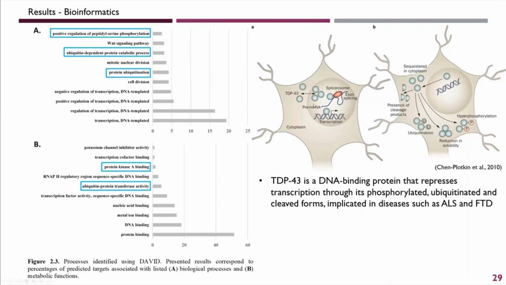For example, TDP-43, depending on how much the deregulation of these activities is, and how it's phosphorylated, ubiquitinated, and cleaved, will have a great impact on diseases such as ALS and frontotemporal dementia, which is often associated with ALS.